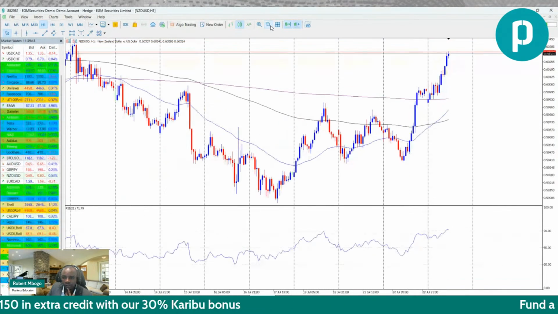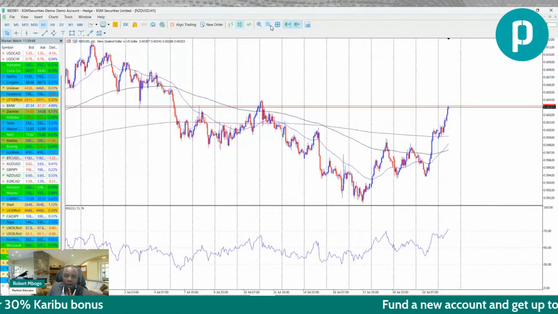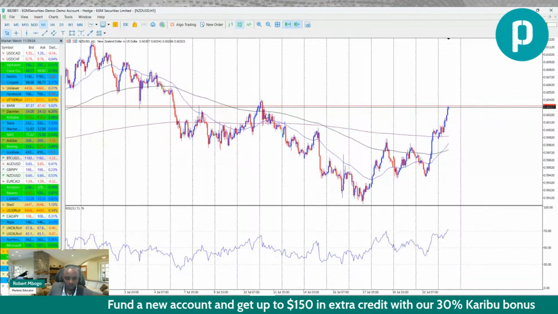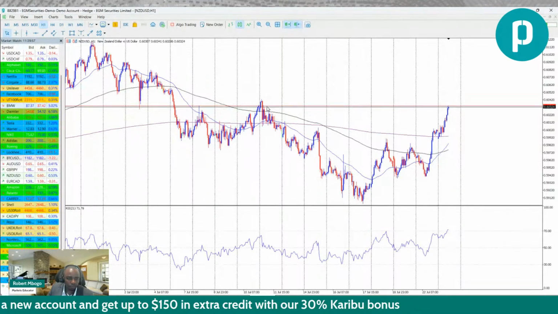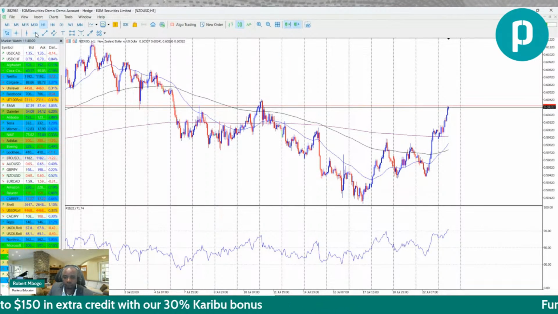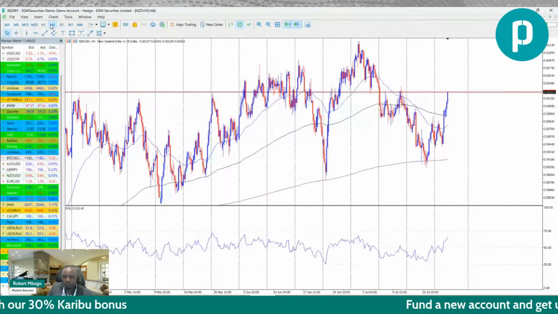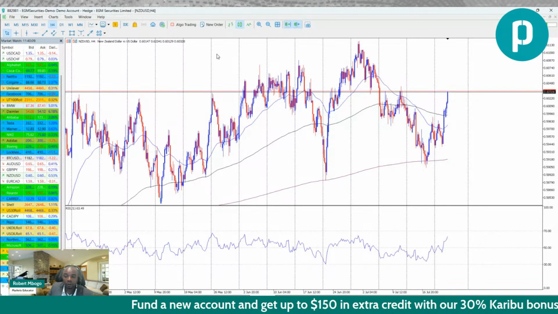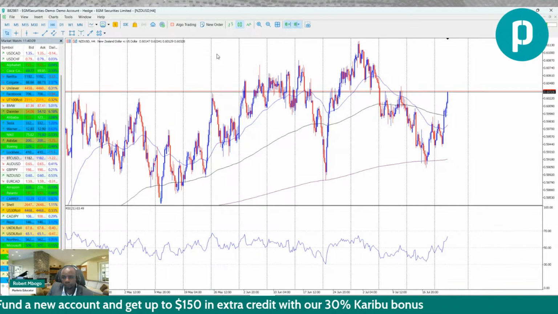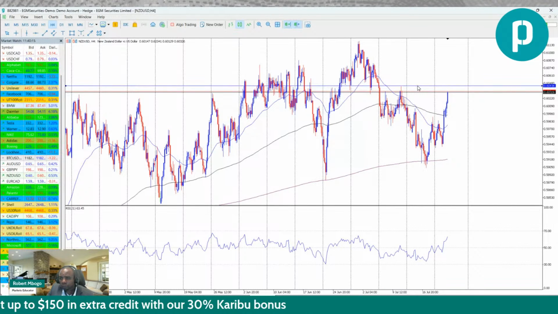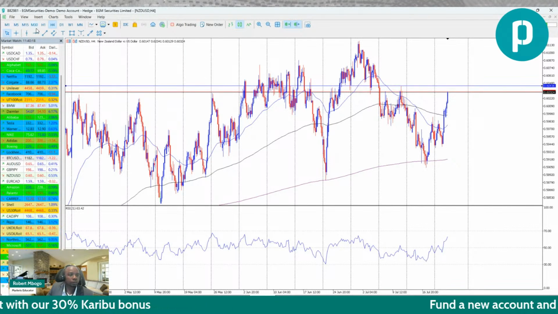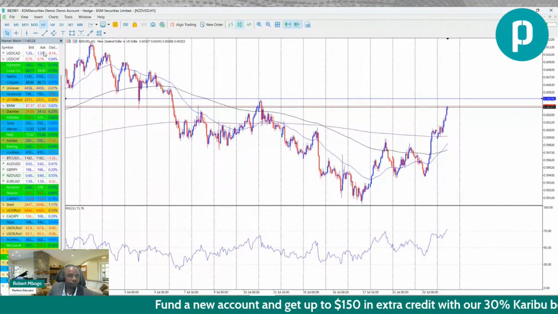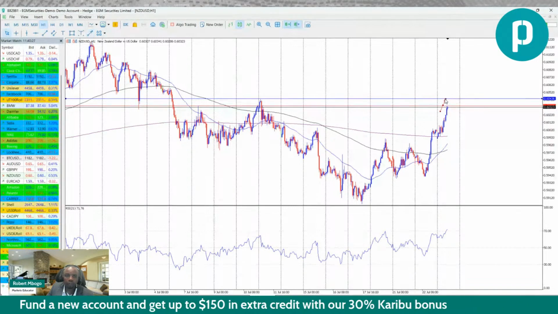So remember, NZDUSD tends to follow AUDUSD. Okay, so let's look at this high. So we could see a possibility of NZDUSD testing that high before dropping.